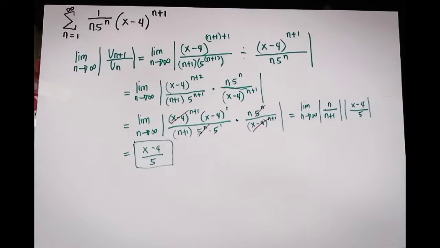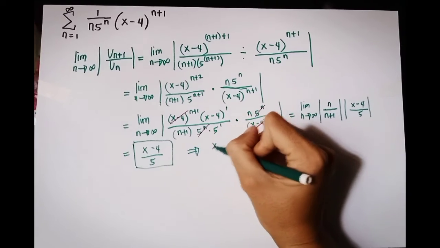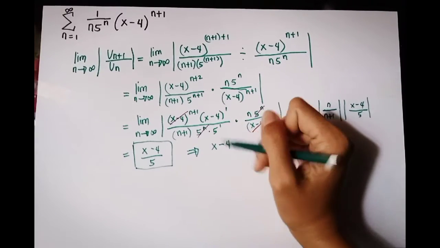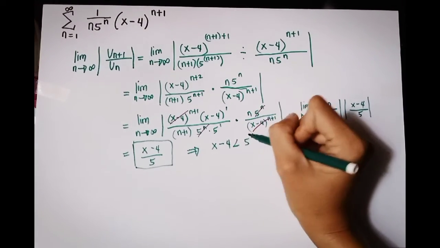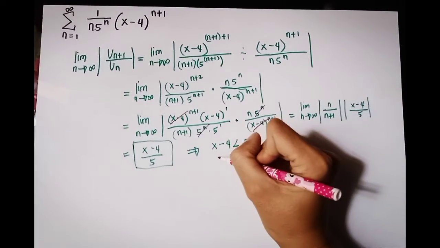Therefore, we will use the second case of convergence of a power series. It will become the absolute value of x minus 4 less than 5.